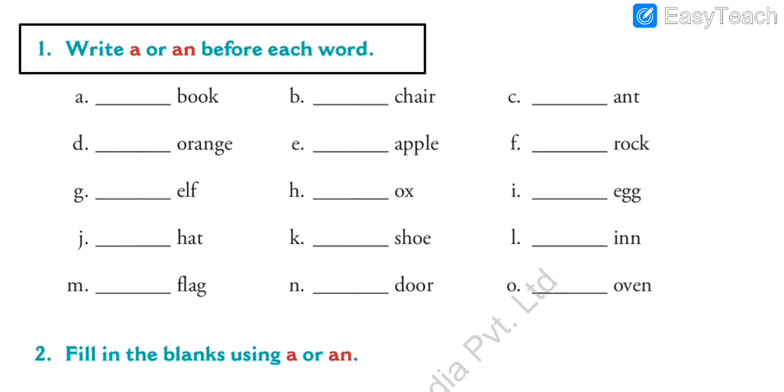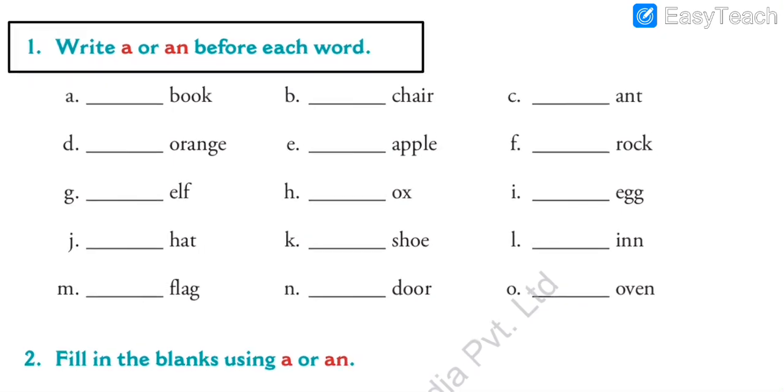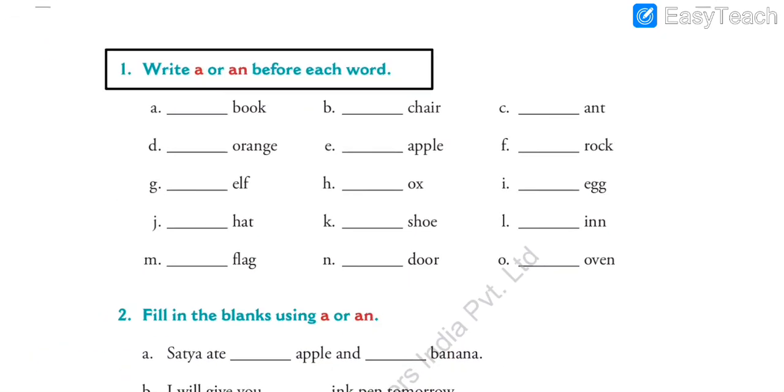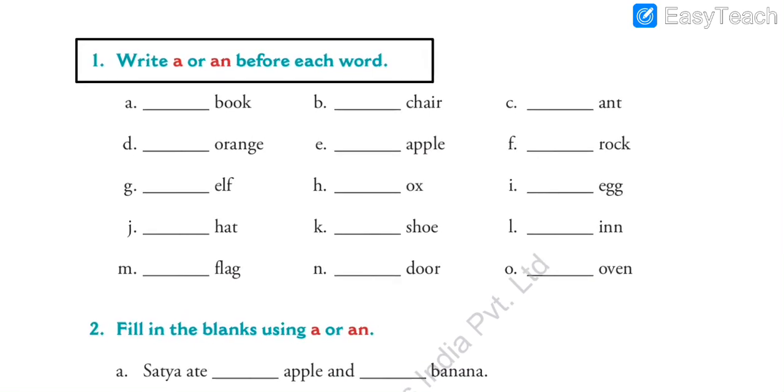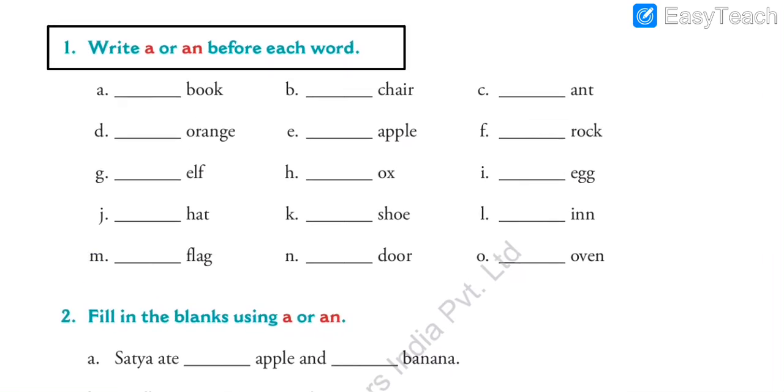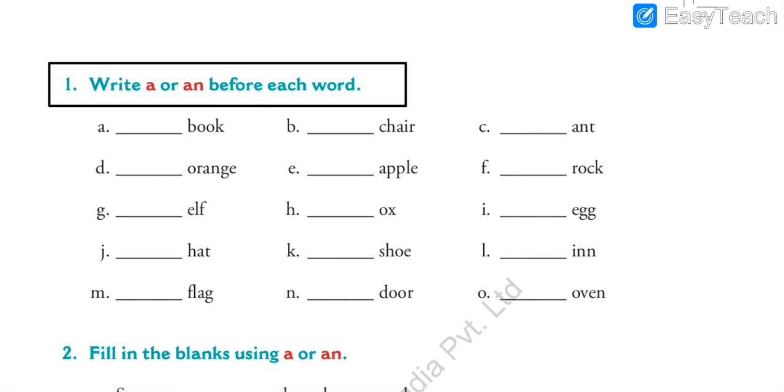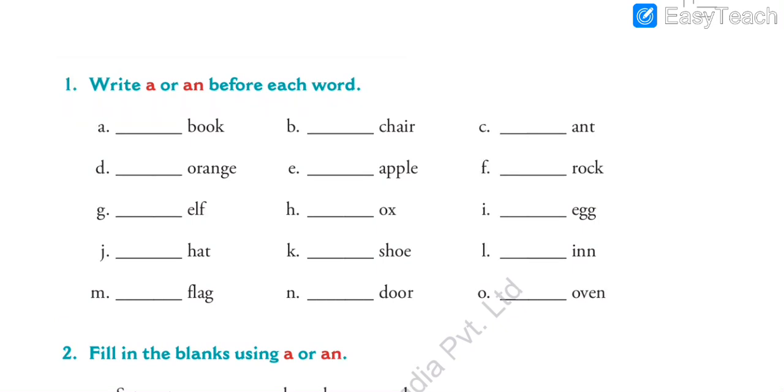So now, before I start the exercise, let me just write the words which are included in the vowels list. So it will be easier for you then to solve the blanks. So here I am going to write again the vowels. So students, which are the alphabets included in vowels?